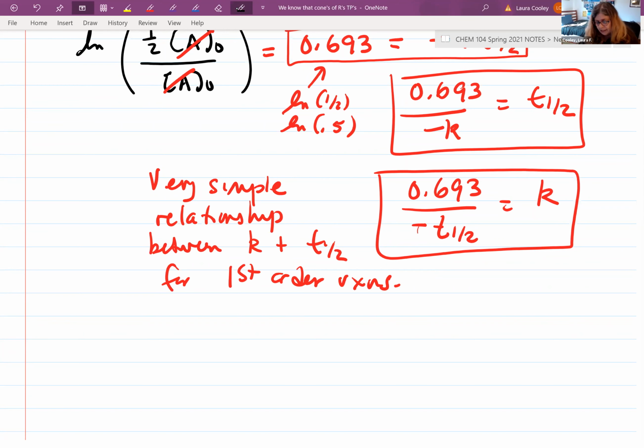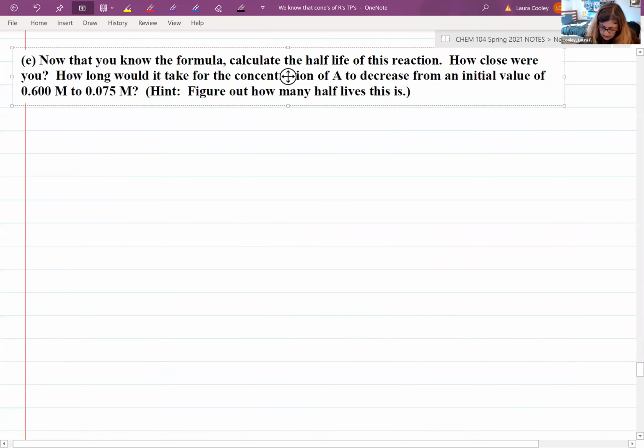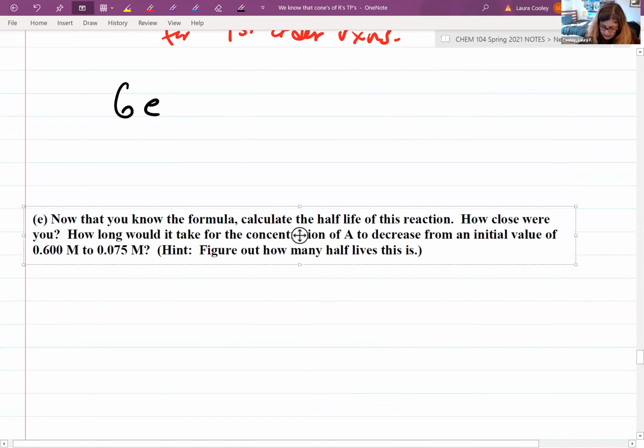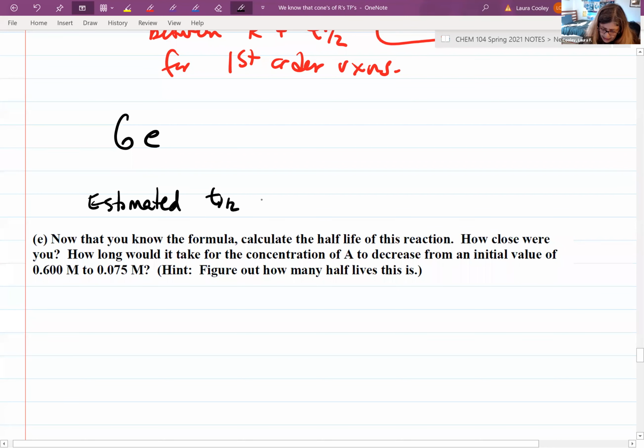So let's go back to 6E. See how far down it is. Not too bad. Okay, so remember we estimated that T1/2 is a little after 20 seconds, right?